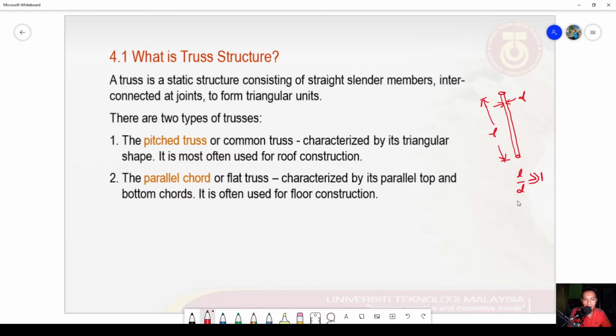In other words, we can say that the length of the structure is far bigger than its diameter.